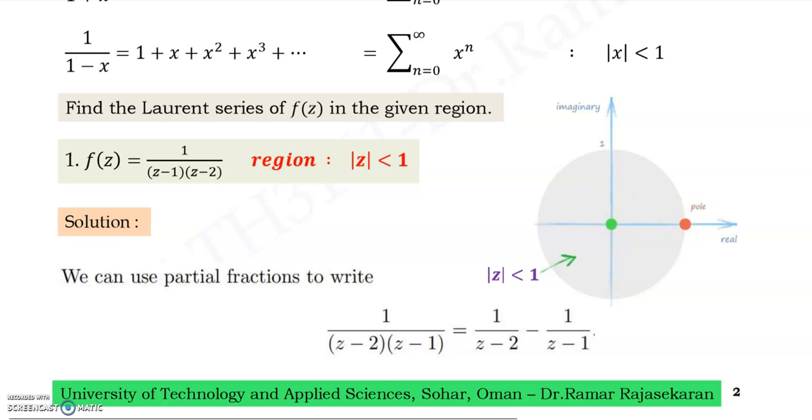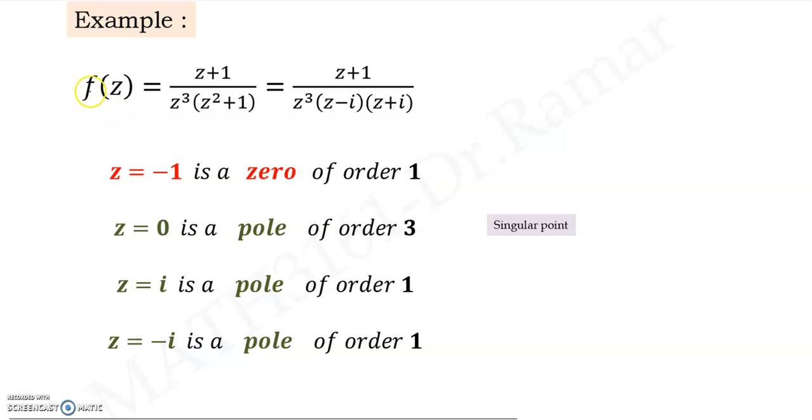What is a pole? Look at this function: f of z equals z plus 1 divided by z cubed times (z squared plus 1). Now I factorize z squared plus 1, so the function is z plus 1 divided by z cubed (z minus i)(z plus i).